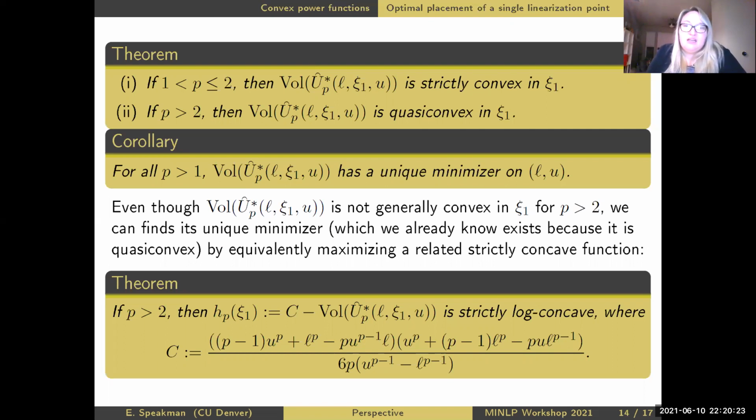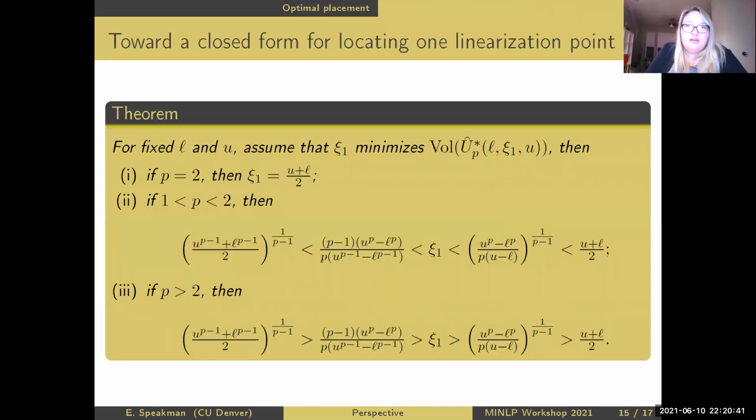So like I said, it's not generally convex, but has a unique minimizer. And the way we see this is by looking at a related strictly log concave function, which is given here. So by looking at that and doing some more analysis, which Luze spent a lot of time on, even though we can't find closed form expressions for the optimal placement of that one linearization point, we can find bounds.